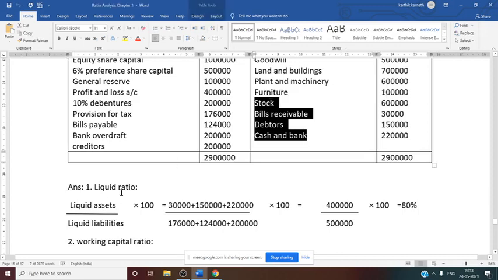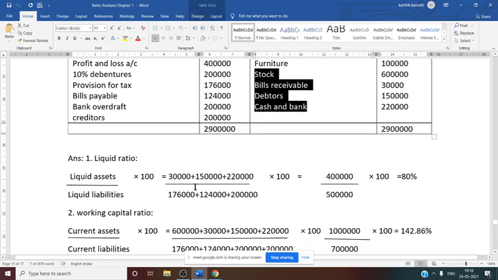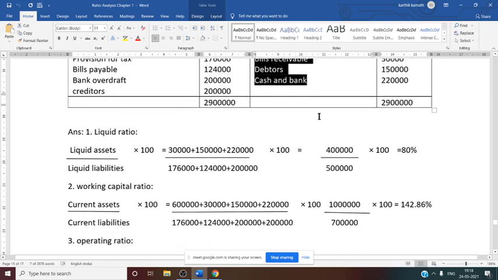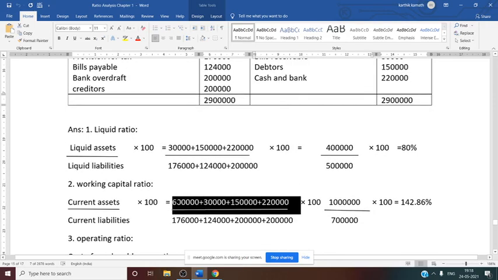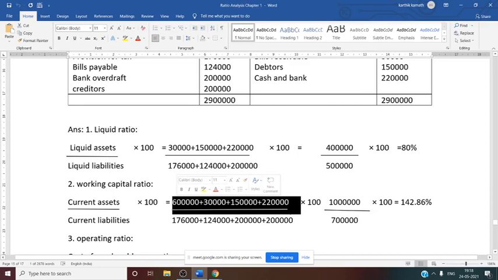In the liquid ratio we excluded stock, but in the case of current asset we have to include the stock as well. So with the inclusion of stock 6 lakh, and all other things the same: bills receivable, debtor and cash at bank. Now current asset total is 6 lakh plus 30,000 plus 1,50,000 plus 2,20,000, you will get 10 lakh in the numerator.